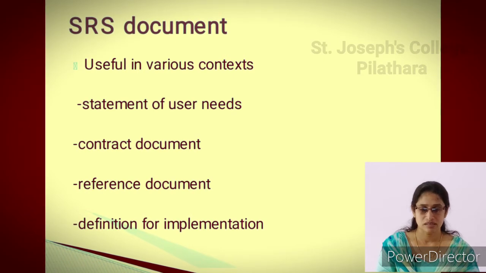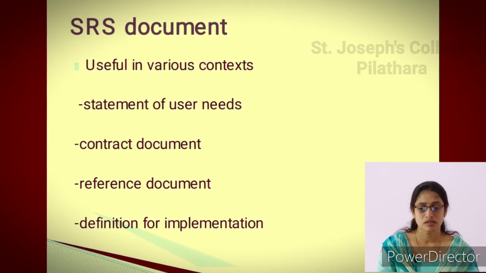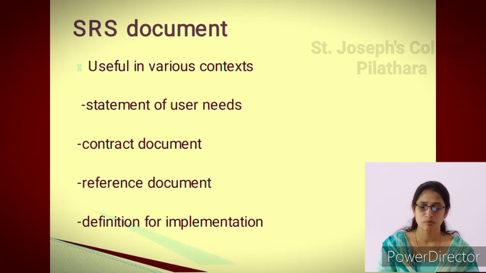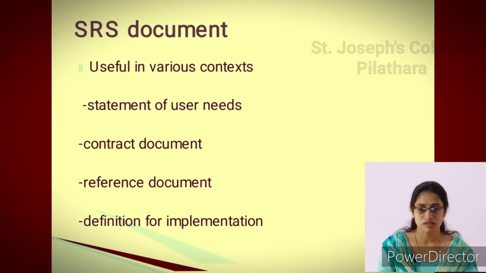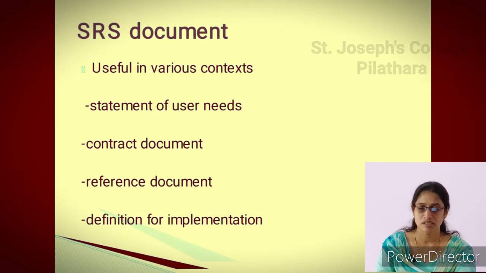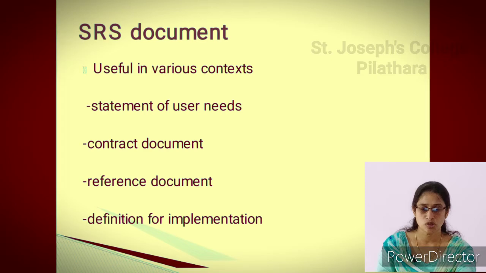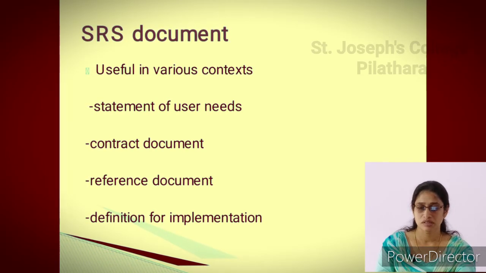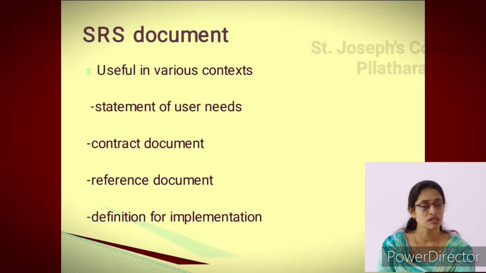It is a contract between the user and the developer. It is a reference document for the development team to start the development work. It is an important document for the testers to design test cases, and also it is a definition of the problem based on which the developers start the work.